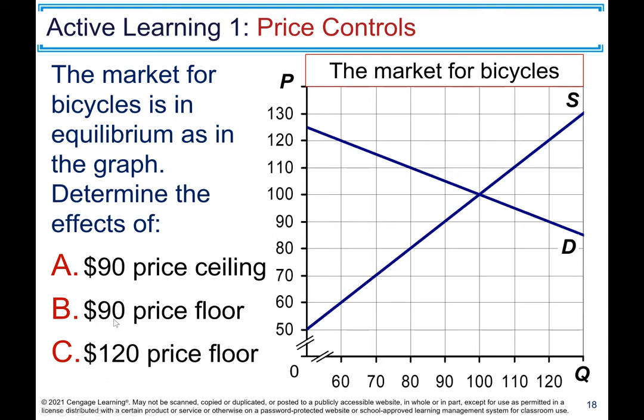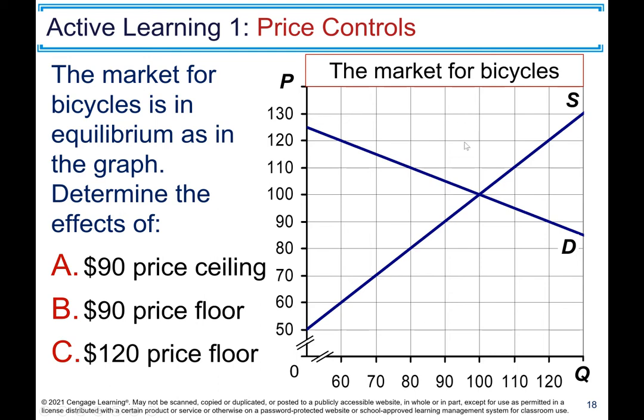What about number B, the $90 price floor? The price floor set at $90, as we have seen, will be ignored by the market. You set the price floor below equilibrium, it will be ignored, and the market will settle at a $100 price and a quantity of 100. What about number C, the $120 price floor?